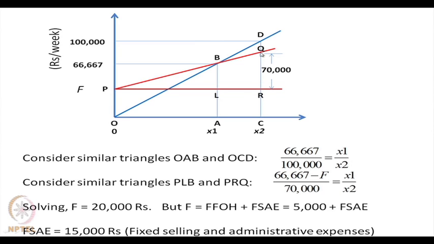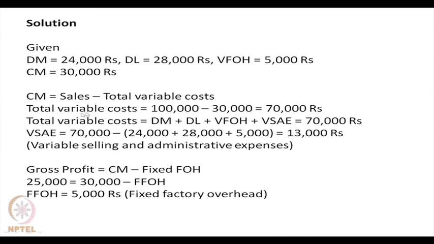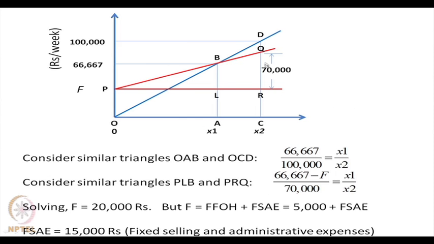This height is already known as 70,000 from our total variable cost is 70,000. So, x1 by x2 is equal to this by this, x1 by x2 is also equal to this by this. Therefore, this is equal to this. If we solve, we get F as equal to 20,000. This is the total fixed cost.